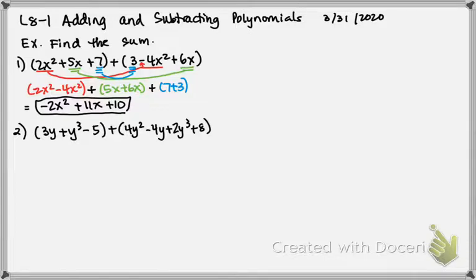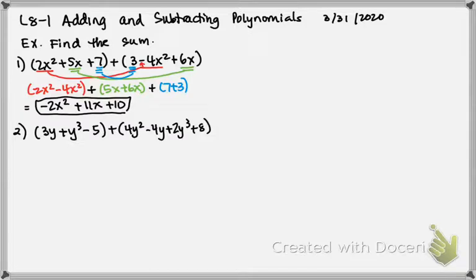So a little hint, think about when we were adding when we were younger, we always put the longer number on top and the shorter one on the bottom, just like multiplication does the same thing. So that's what I'm going to do. But I do notice I've got a bit of an issue when it comes to the second one, and that's my polynomial is not in standard form.